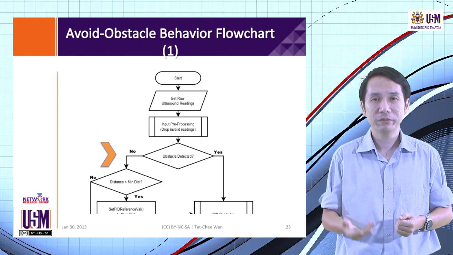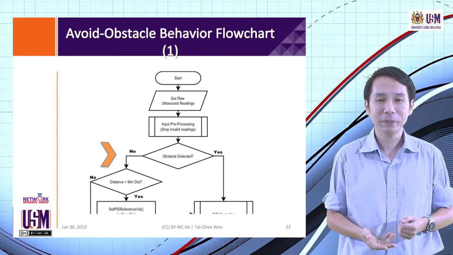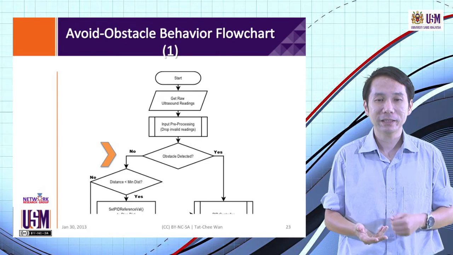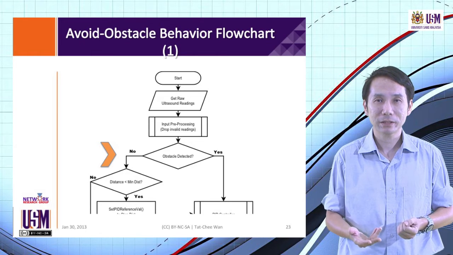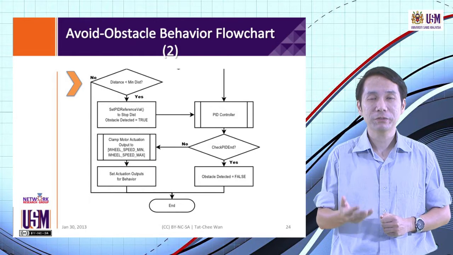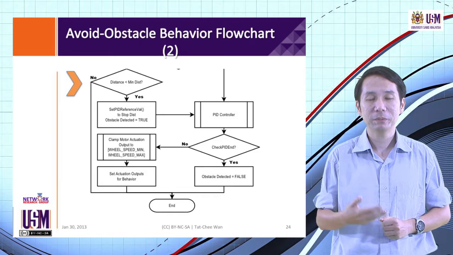Next, we check the Boolean variable obstacle detected. Yes or no. If there's no obstacle detected, we then examine the input from the ultrasound sensor to determine whether the distance detected is less than a minimum distance that triggers the avoid obstacle behavior. If there is an obstacle in front of Tribot, the distance will be read as being less than minimum distance.